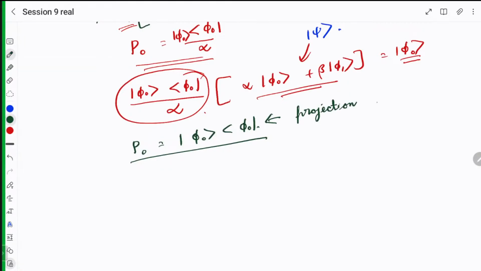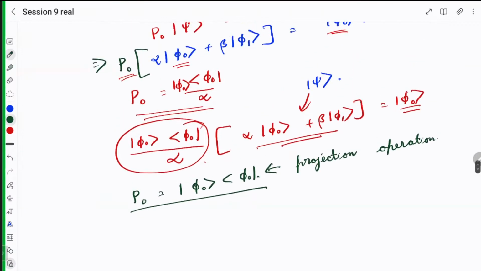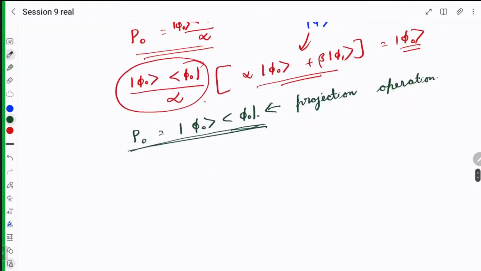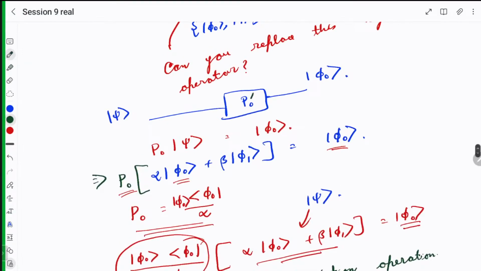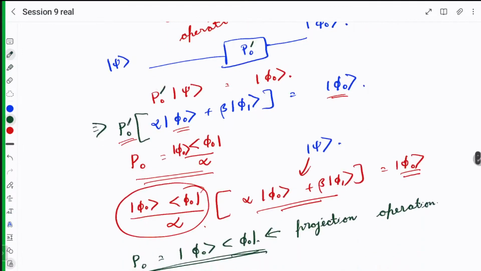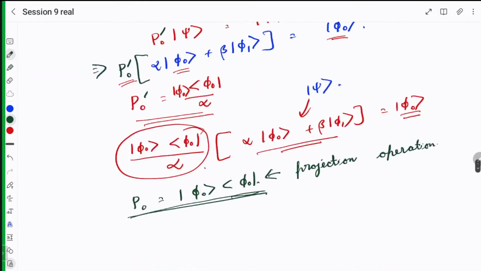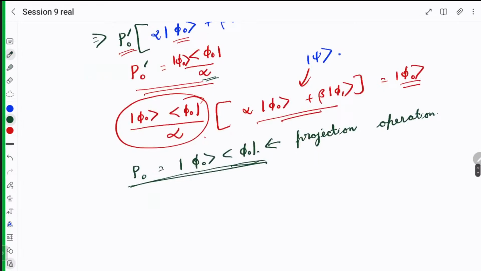Because you see, what it is doing is taking the projection. So if you just apply this P naught operator, let me call this P naught dashed. So P naught dashed is ket phi naught bra phi naught by alpha, which is an operator. Now we are taking this P naught, which is the projection operator.